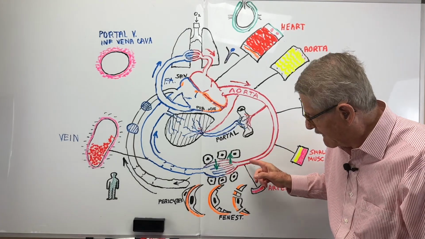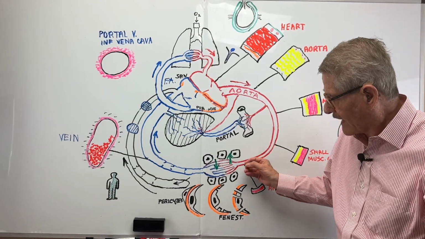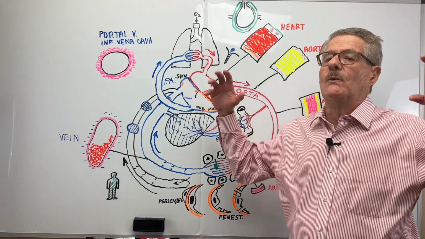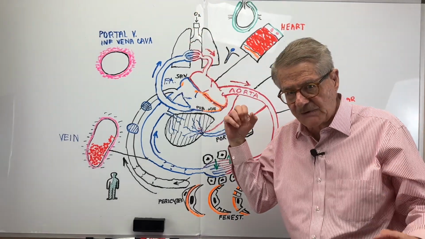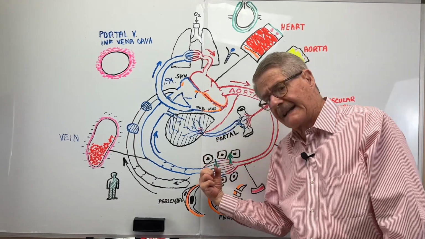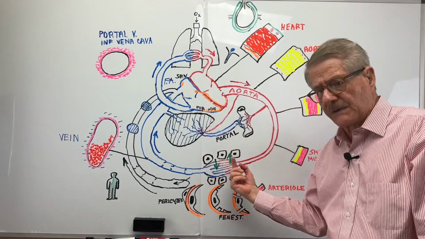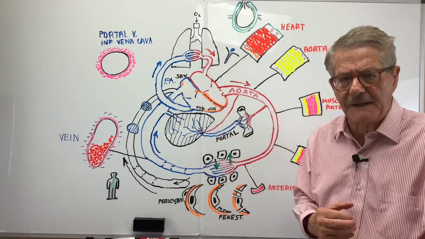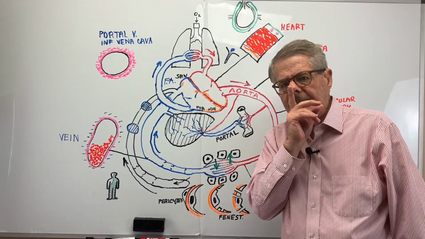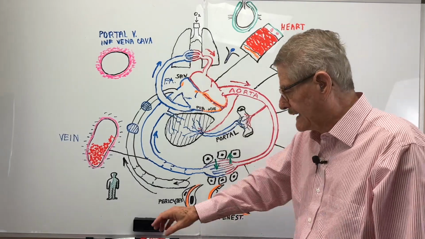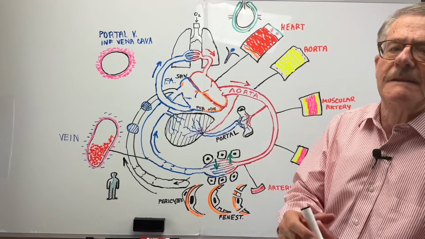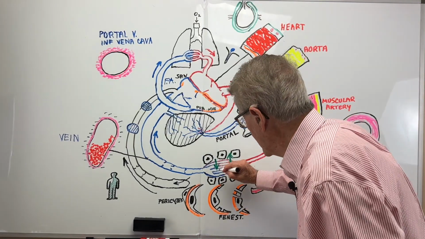When the blood reaches this area, the fluid tends to go out because the hydrostatic pressure is greater here. And then it comes back on the venous side because the hydrostatic pressure is lesser. However, there is another force that tends to attract the fluid, which is the oncotic pressure.